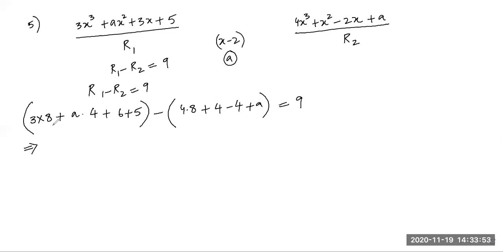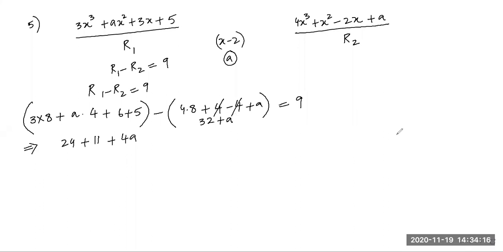That's all. So 8 3s are 24, plus 6 plus 5 is 11, plus 4A. So this 4 minus 4 is cancelled. So this is 32 plus A, right?